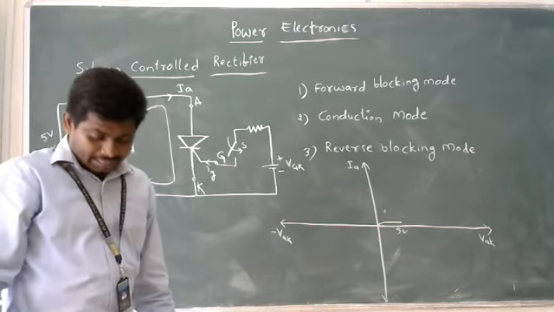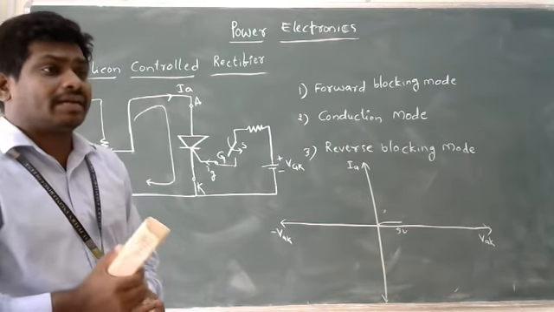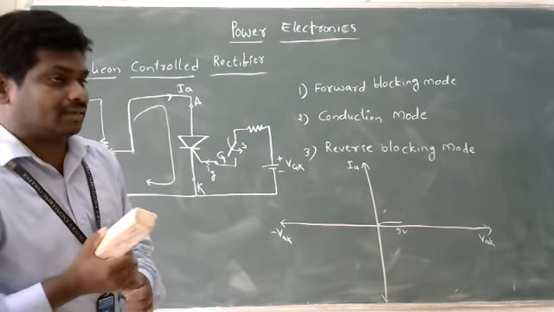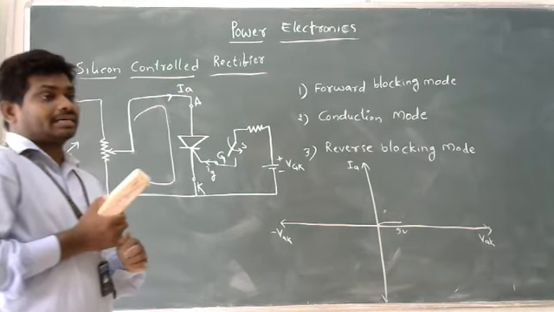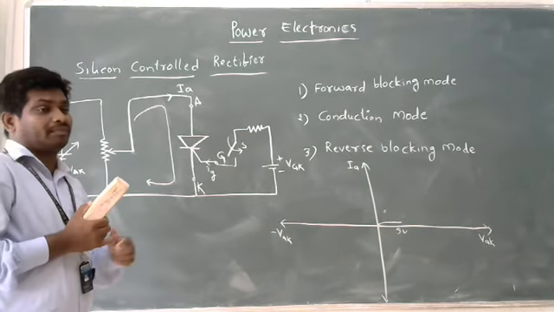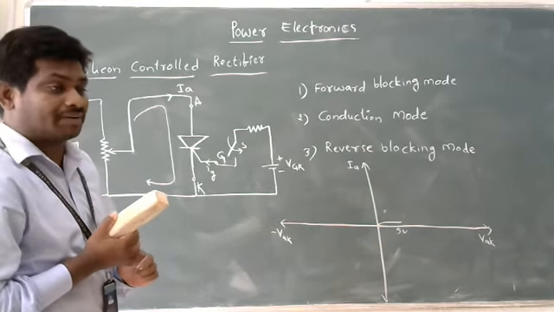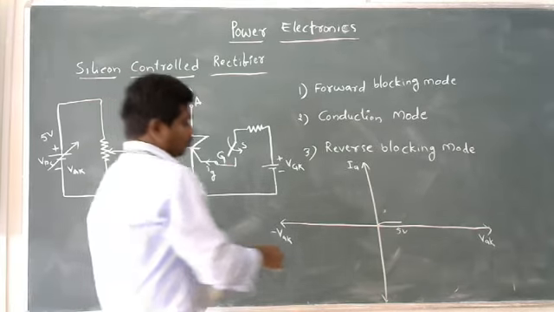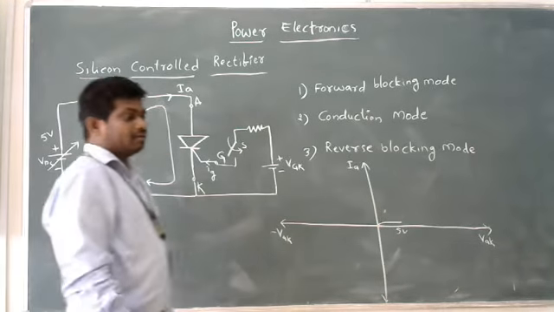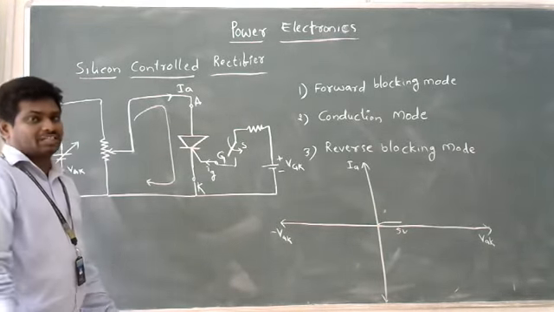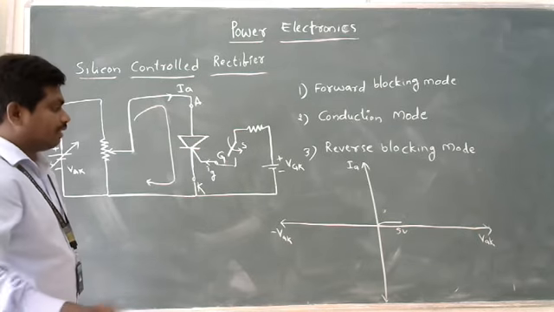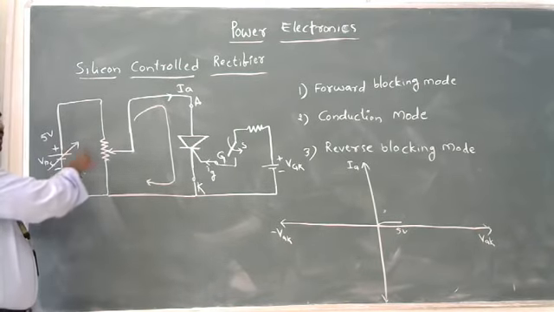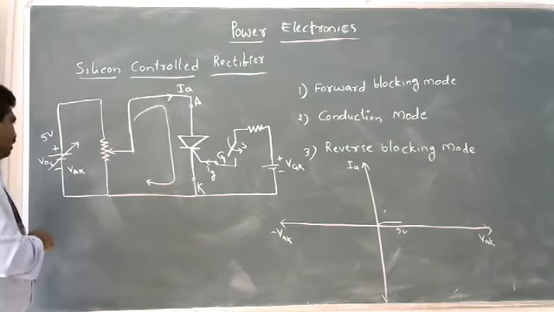This current is called leakage current, and leakage current in the first quadrant we can call forward leakage current. So till 5 volts there is no conduction, and next we further increase the voltage applied across the device.